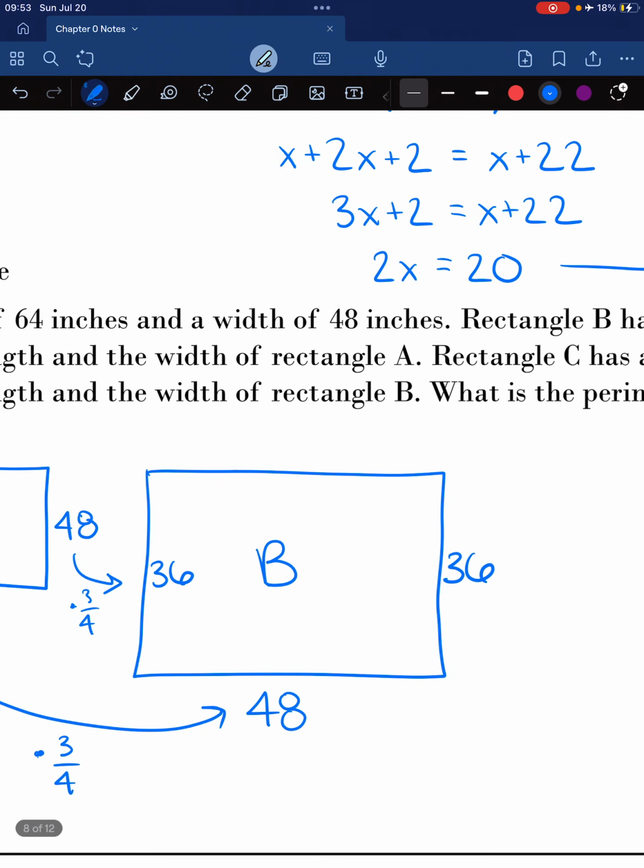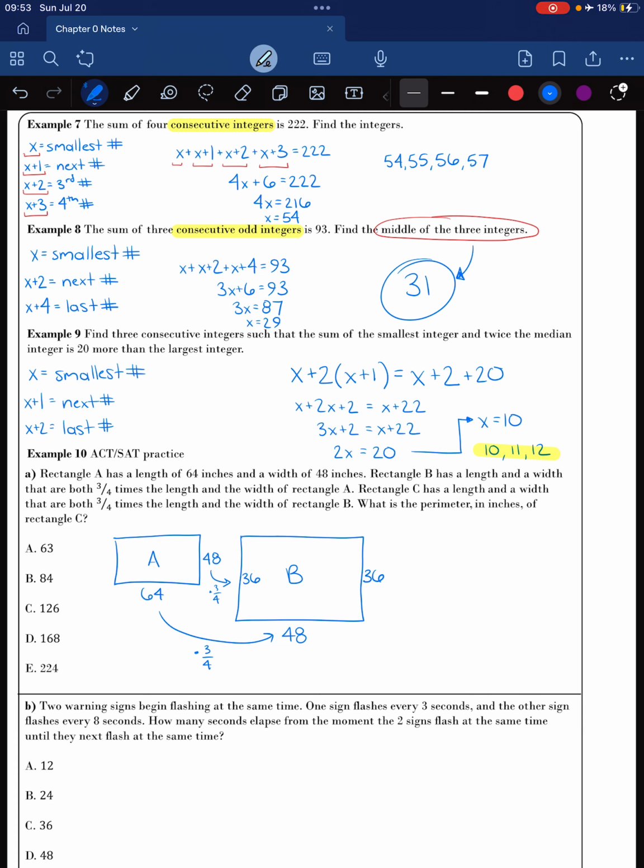I'm going to write that again over here, it's a little busy there on the other side. Okay, let's do it right for C. Rectangle C has a length and width that are both 3/4 times the length and width of rectangle B. Multiplying by 3/4 definitely is going to make that rectangle smaller, so let's do a really small rectangle here for C. That makes more sense.